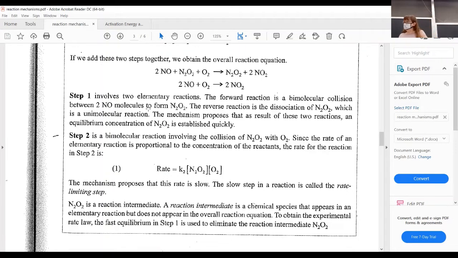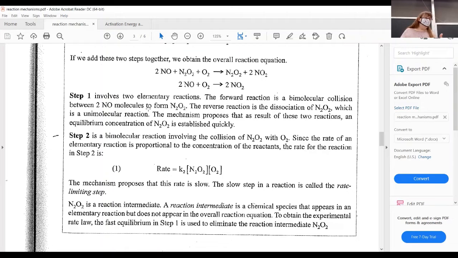Finding a faster way to study is going to speed up the reaction. So when we look at these multiple step reactions, and they're usually only 2 or 3 steps, we're going to look for which step is the slowest step.